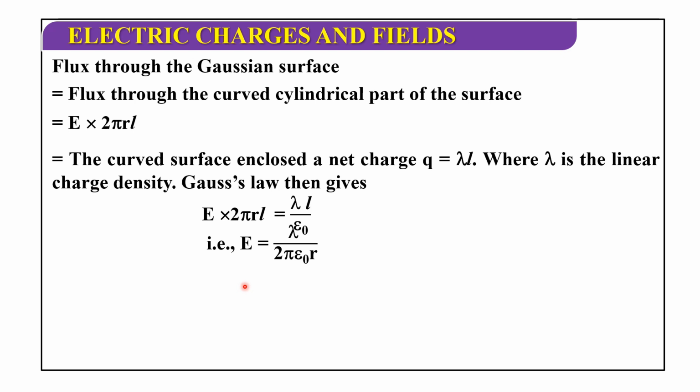So E, taking cross multiplication, equals lambda by 2 pi epsilon naught r. Here L gets cancelled.